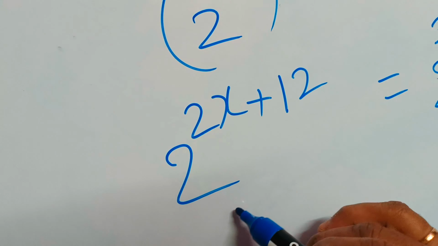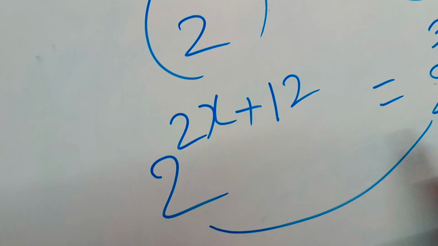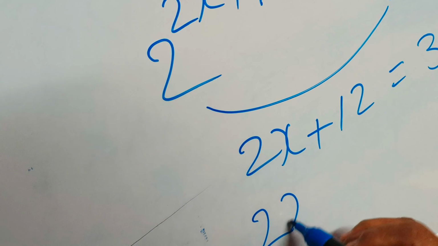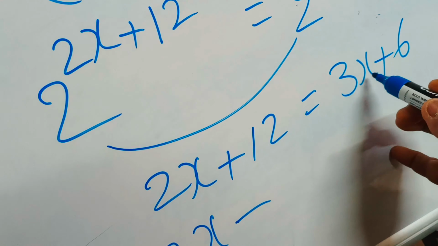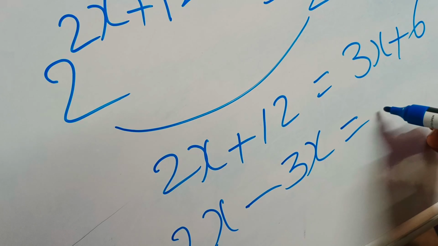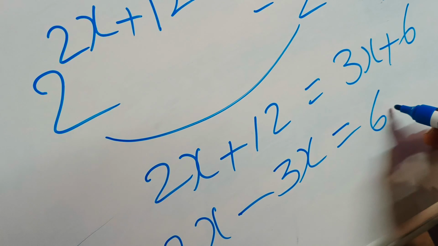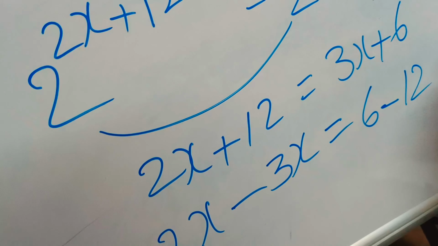So bases are equal, so powers will be equal. 2x plus 12 is equal to 3x plus 6. 3x will be written as minus 3x, and 12 written as minus 12.